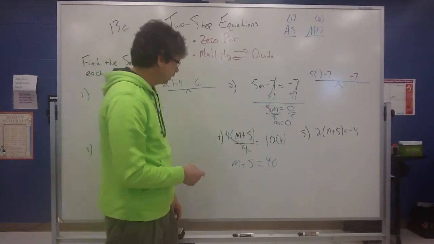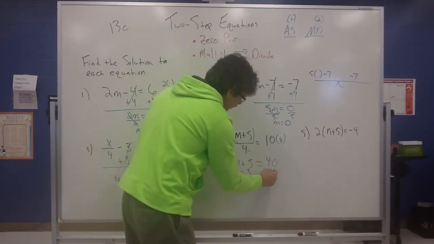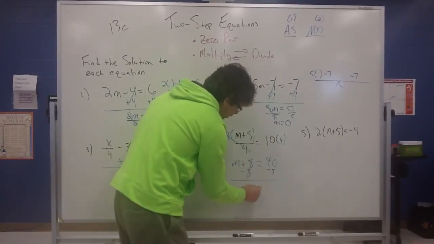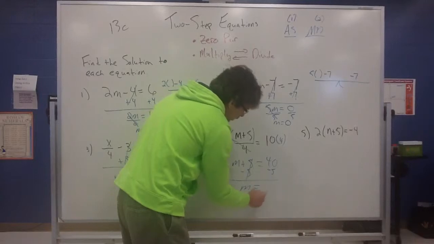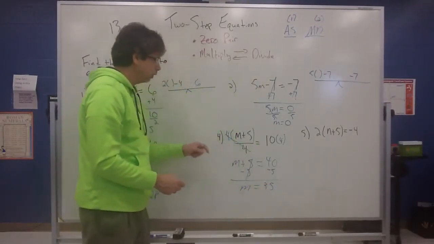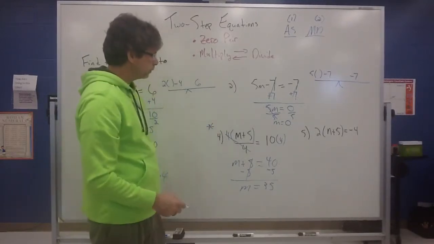So that does check out there. But again, if we want to use our zero pair, we can zero out that positive 5 with a -5. So I have a 5 and a -5, they zero out. I have an m, and a 40 and a -5 would give me a positive 35, and that would give me my solution. So that was a little bit different because of that fractional language there.